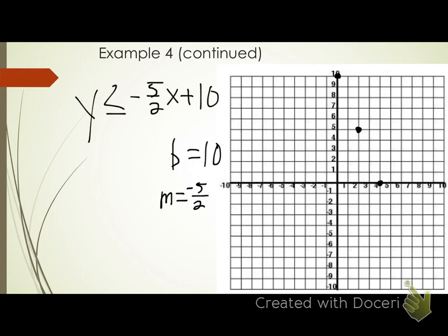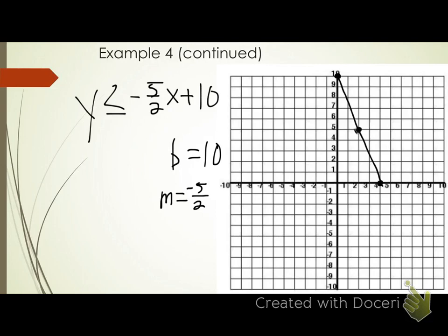Does that make sense? Is this a solid or dashed line? Solid. Golly, that's ugly. So there's my boundary line. y is less than or equal to negative 5 halves x plus 10.